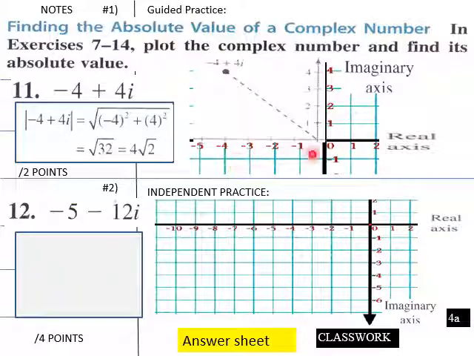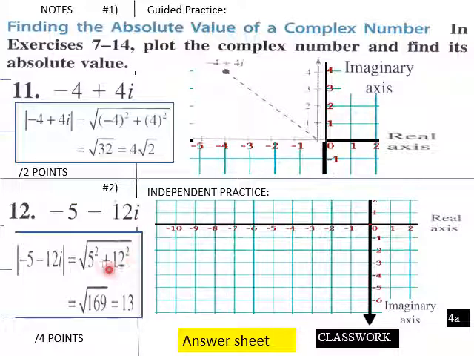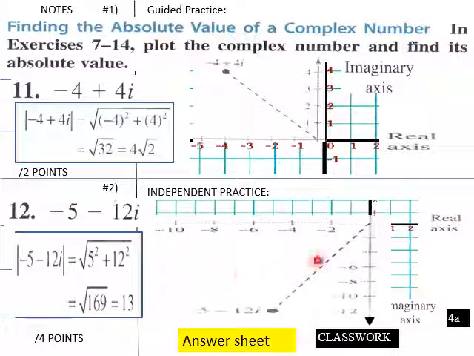And then the plot for that would be like that. And then for number 12, negative 5 minus 12i. When we square that and add them together and then take the radical, we get radical 169, which is 13. And then here would be your graph of that as well.